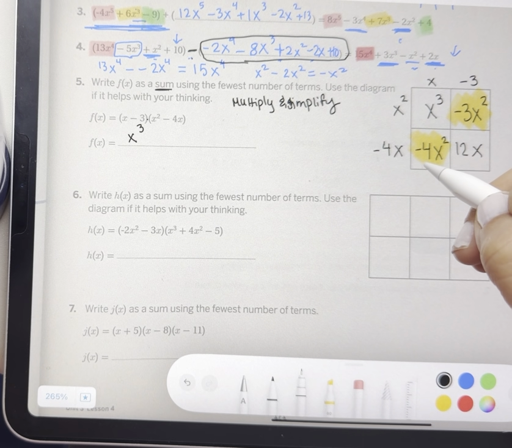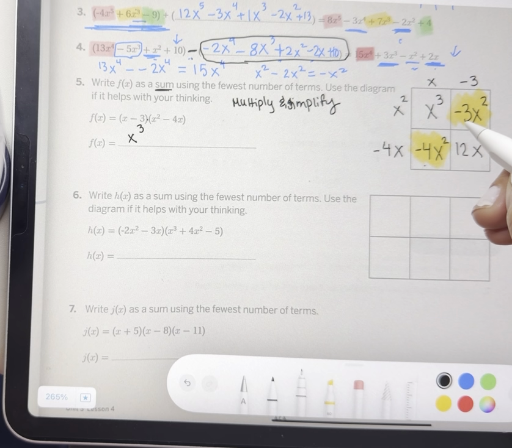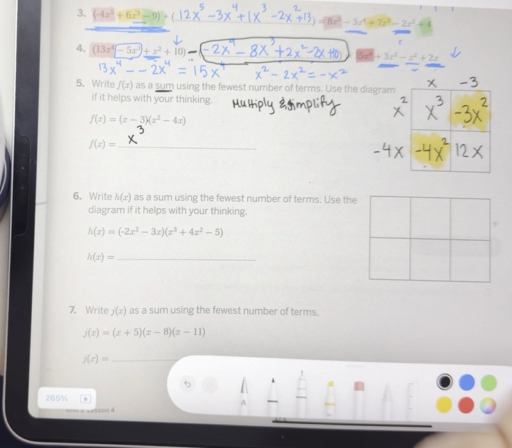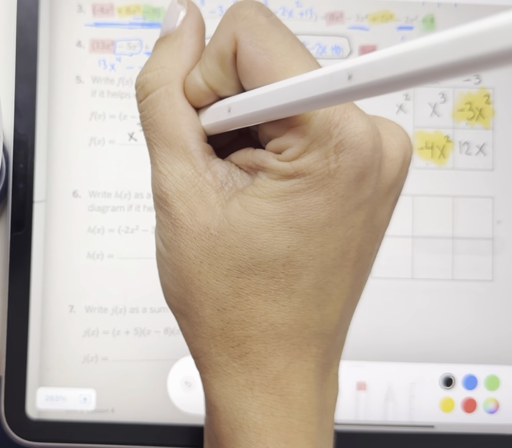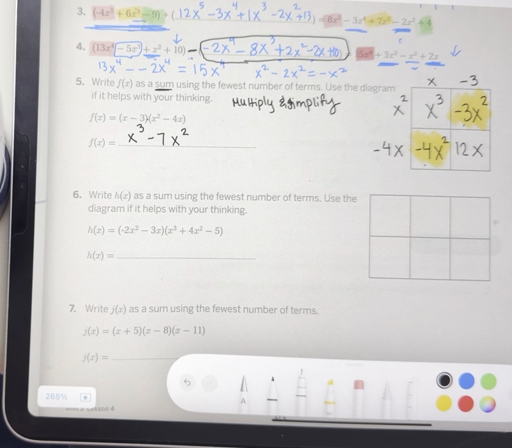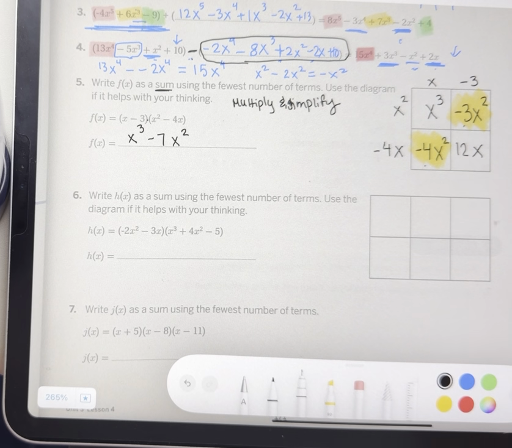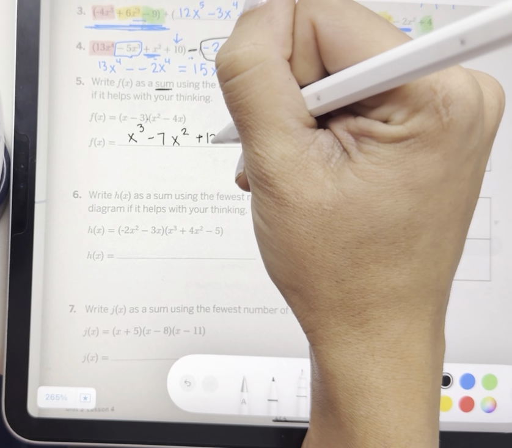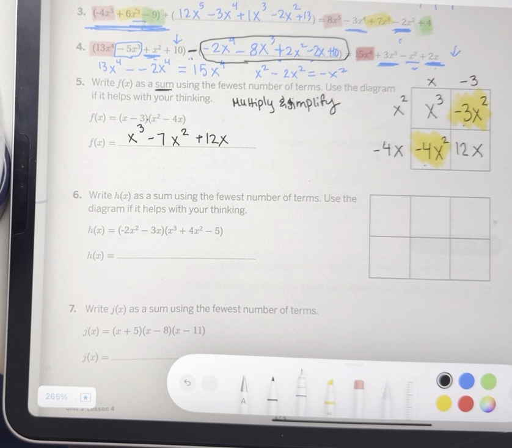But my x squared is negative 4x squared minus 3x squared, which is negative 7x squared. And then the last one is that 12x, so plus 12x. You see how it's the sum of a bunch of terms? That's what it meant.